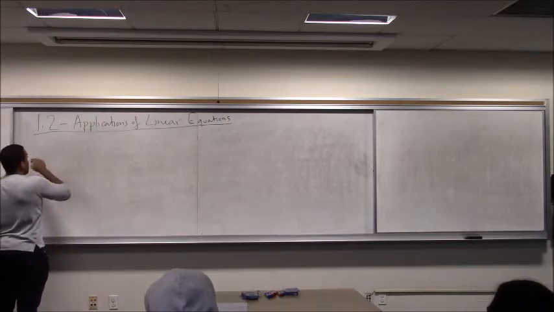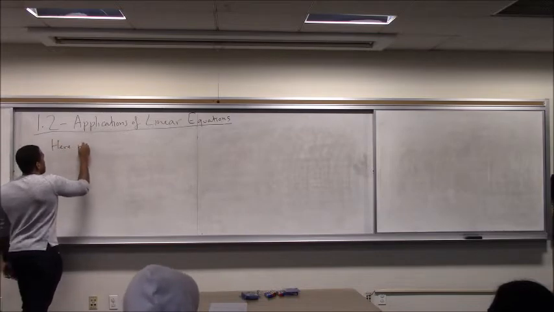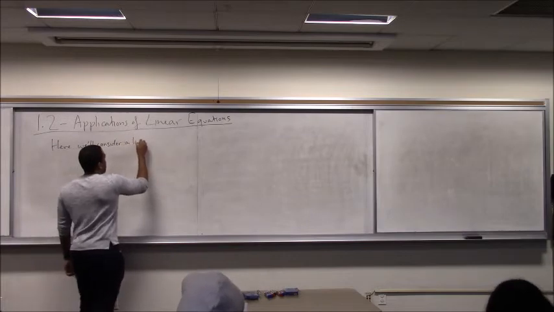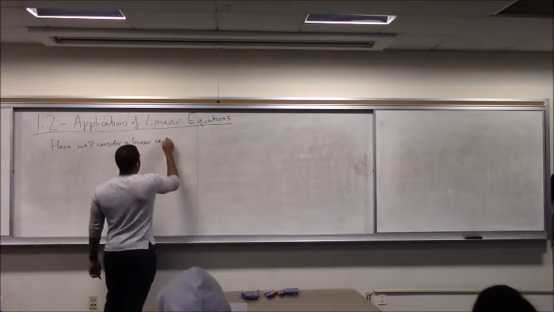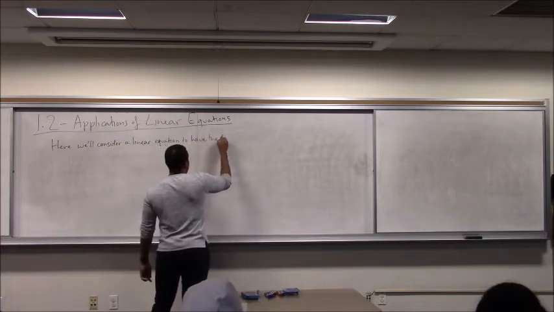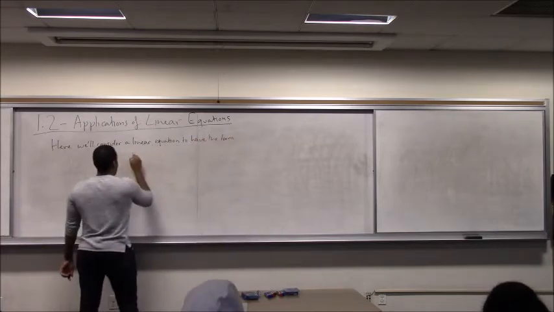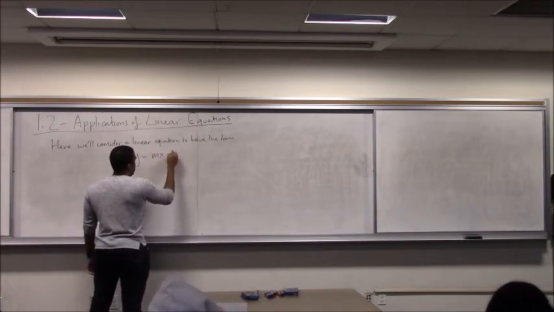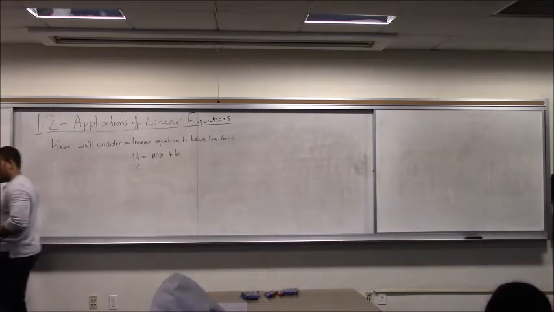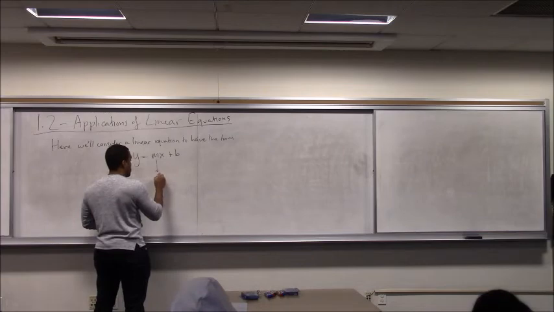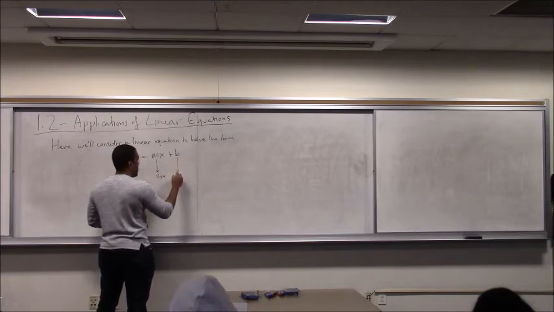So for our purposes here, consider a linear equation to have pretty much y equals mx plus b, where we're considering these as constants, so this is the slope and this is the y-intercept.